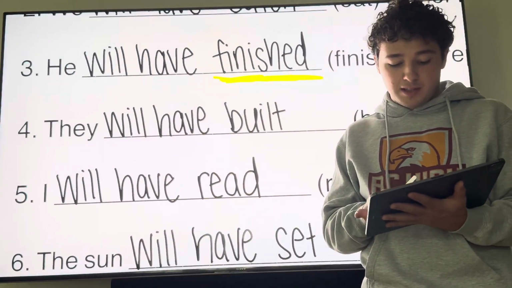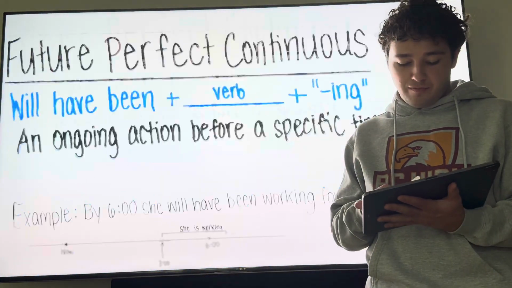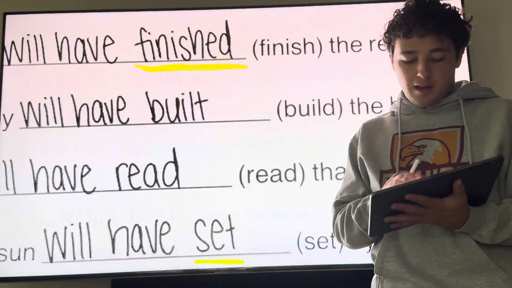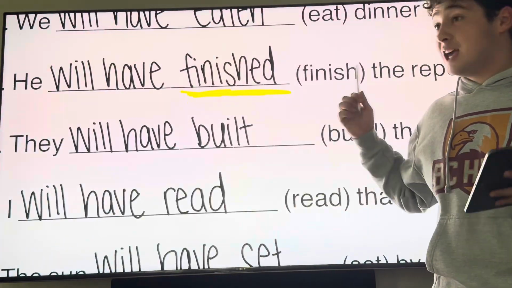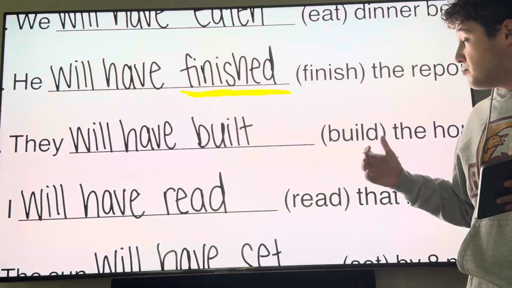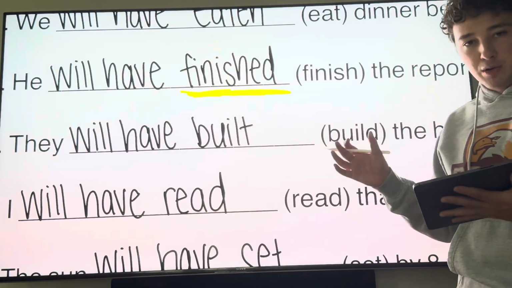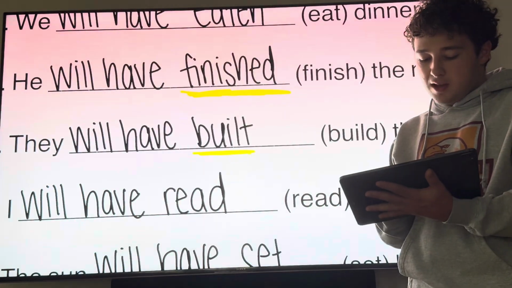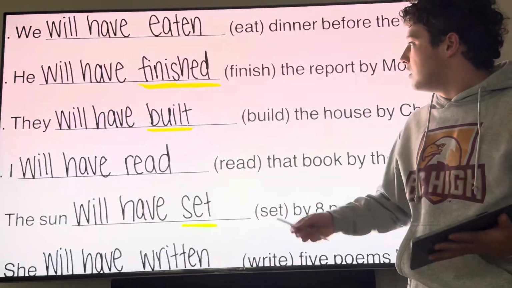Then there are verbs like built, in which they do change. It's not builded, it just changes to something different. So there are these three types.